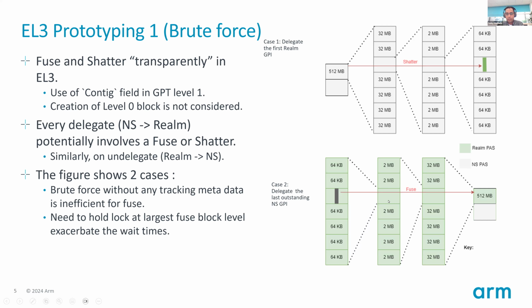Then it checks whether all the adjacent 2 MB blocks are in realm pass, and it goes ahead to fuse all of that to a 32 MB block. Now it needs to check whether all the adjacent 32 MB blocks are in realm pass. If they indeed are, it goes ahead and fuses them to a 512 MB block.